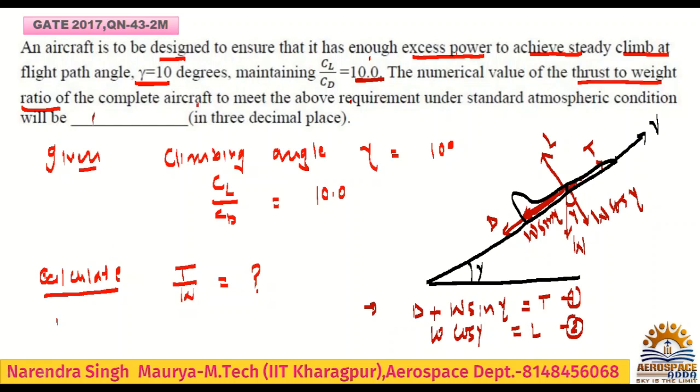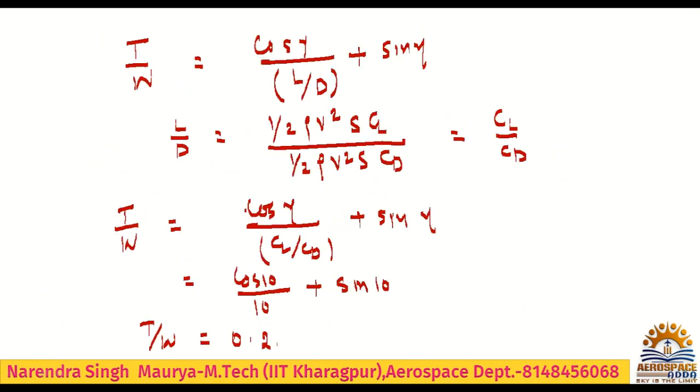So 0.272 up to 3 decimals. Okay, here 0.272. This is the answer. I hope you all understand. Any doubt? As I said, I will definitely reply if you write anything in comments related to the problems. So this is the answer, up to 3 decimals.